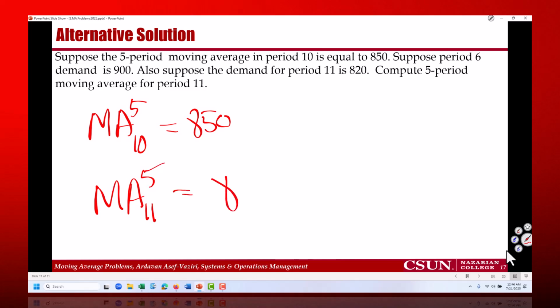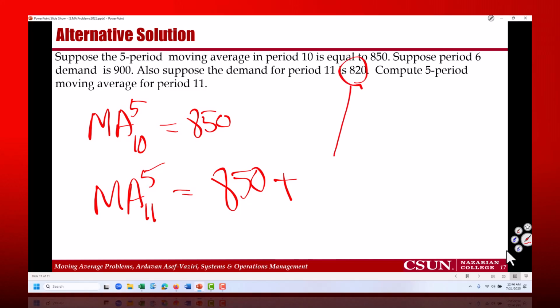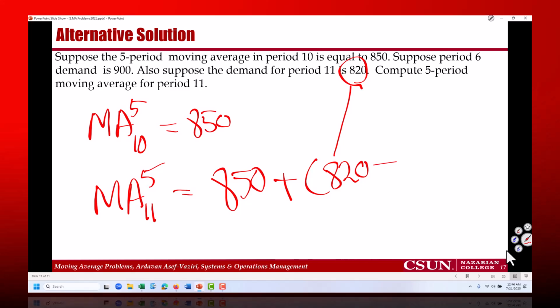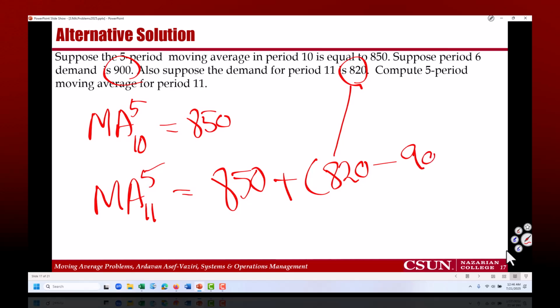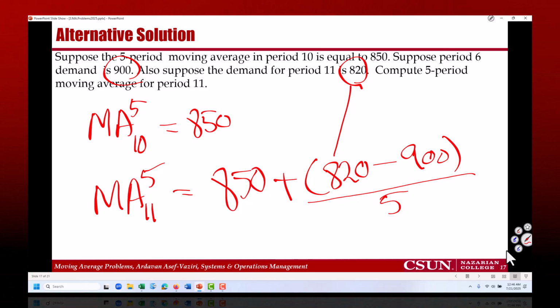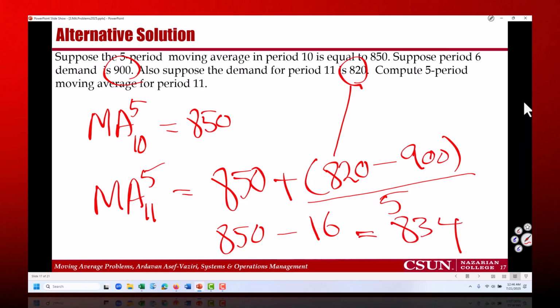It would be equal to this 850 plus the newest piece of data, which is 820, minus the oldest piece of data, which is 900. And because we are talking about a 5-period moving average, they should be divided by 5. So that is 850 minus 16, which is equal to 834.